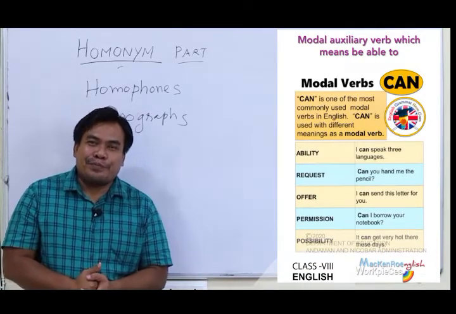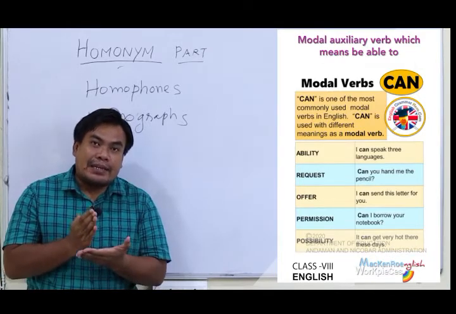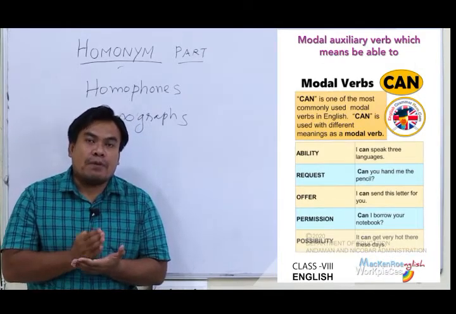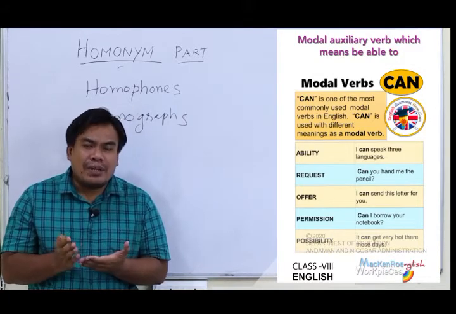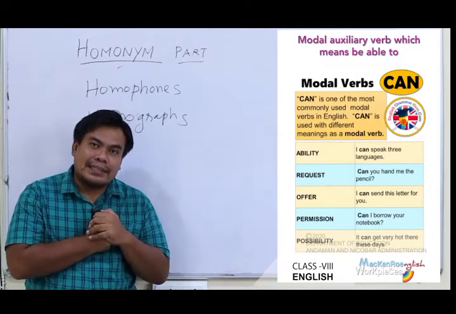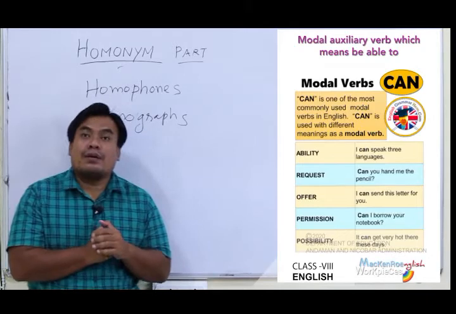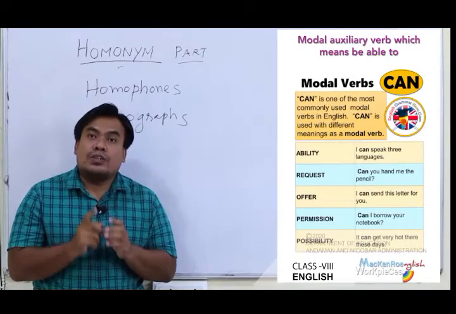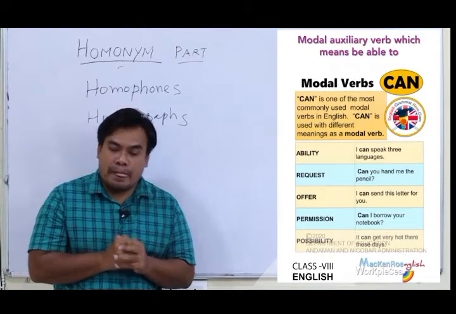Is there any problem? So you can use that can. Can denotes the ability of a person or an animal. Those are called cans, the modal verb, and the previous can was the container. So can, C-A-N, is one of the homonyms again.